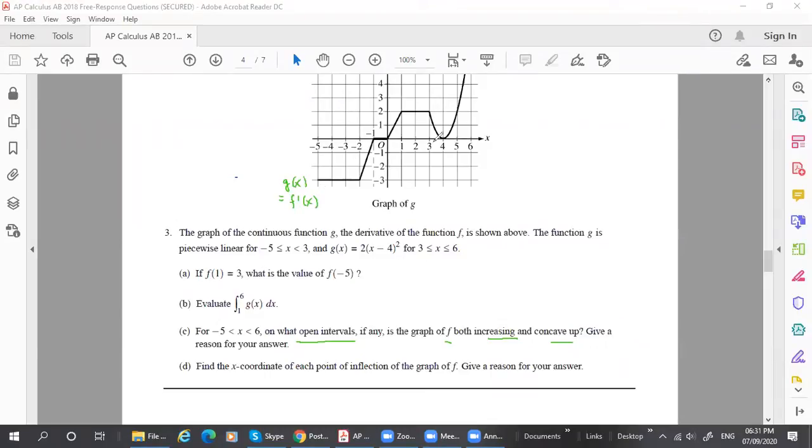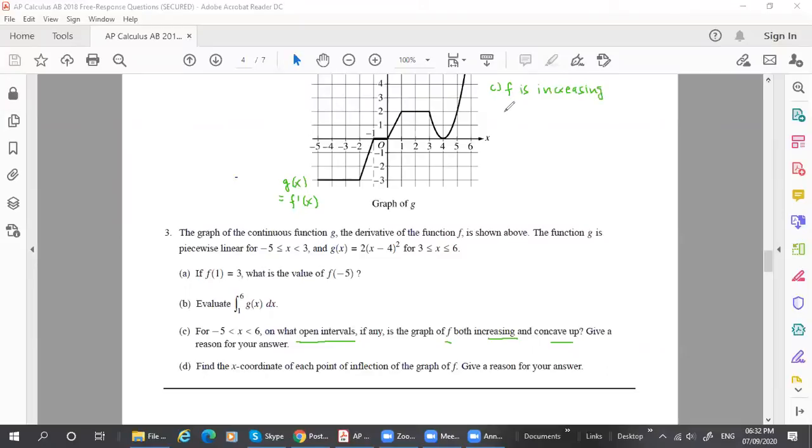So we are not looking at the graph of g to find where f is increasing and concave up. Now the first information given is that f is increasing.